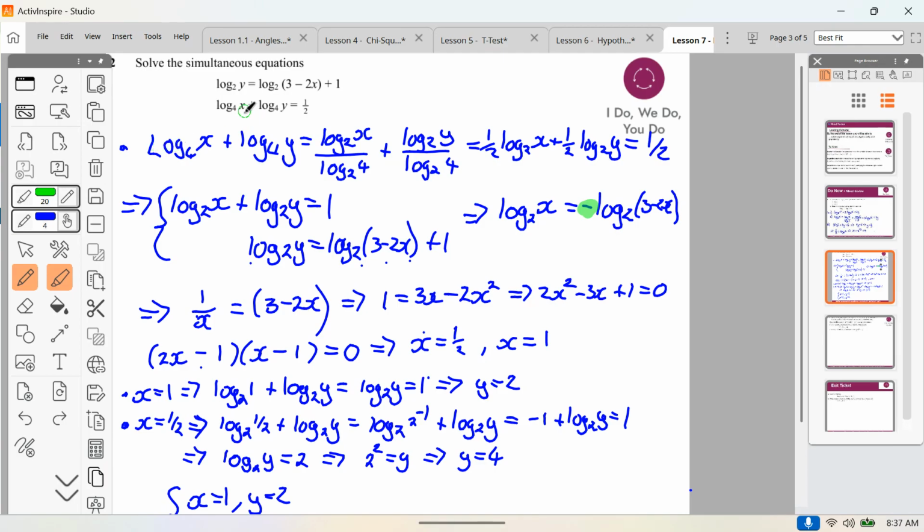So I've got this equation here, and I write that one down. Then I use the change of base formula here. Now log 2 of 4 is equal to 2. So these two in the denominators become 2, and I just wrote them at the front as halves.